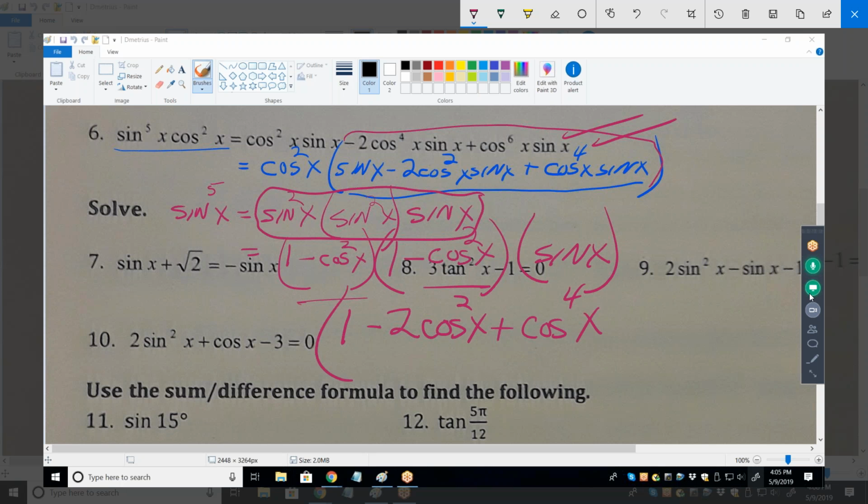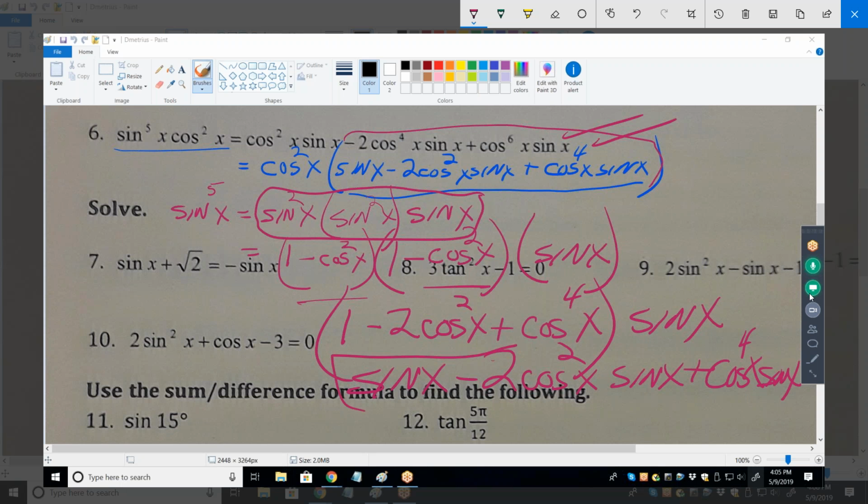And we're multiplying all of that by sine x. So what does that give us? That gives us sine x minus 2 cosine squared x sine x plus cosine to the 4th x sine x.